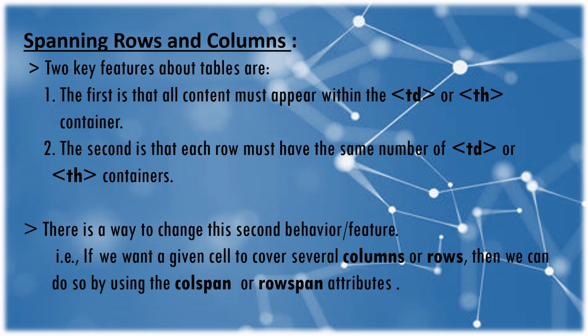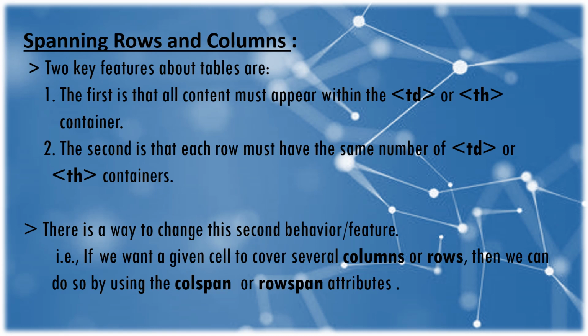Spanning rows and columns. There are two key features about tables. The first is that all content must appear within the td or th container. The second is that each row must have the same number of td, that is the table data cell, or th, that is the table heading containers.